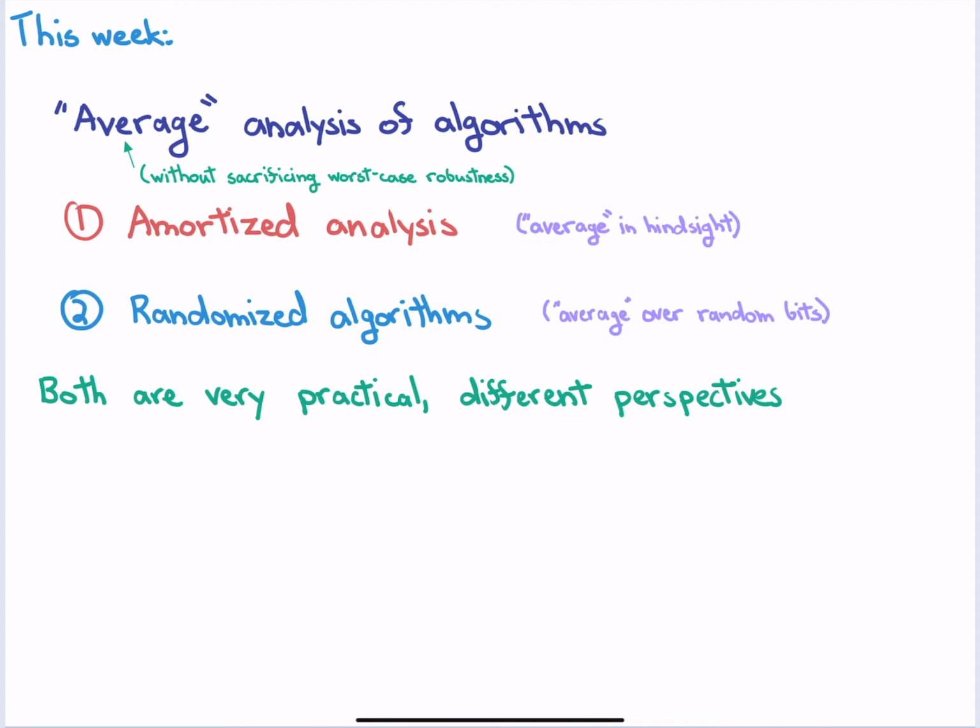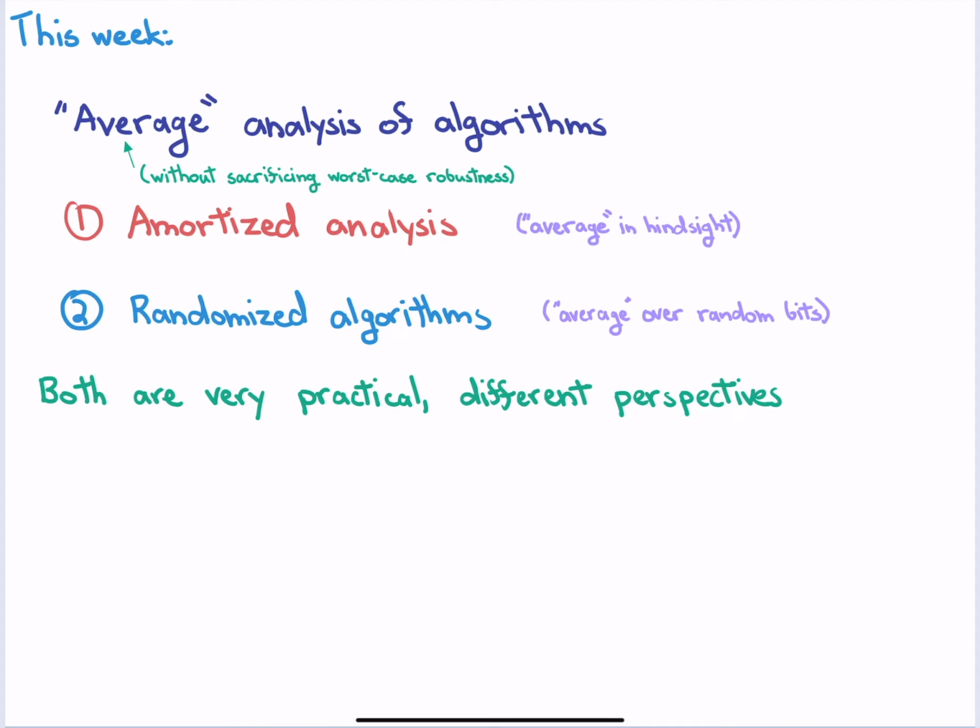What is the average? Maybe there's two aspects of this which is what I really like. One is that everything this week is actually quite practical. Some of the data structures we'll discuss today are really simple and are the ones that are actually often used.